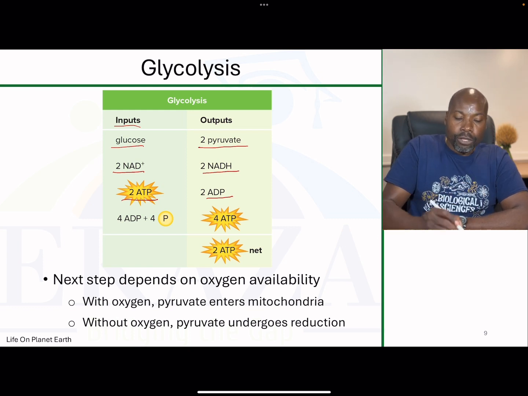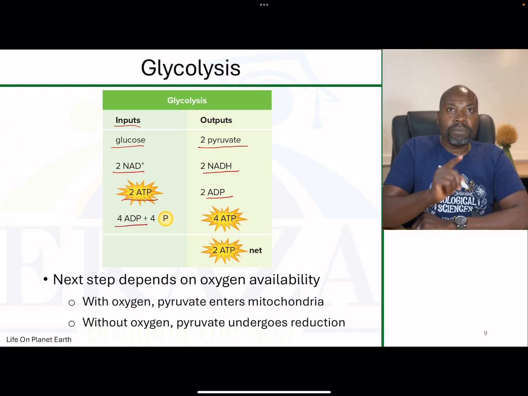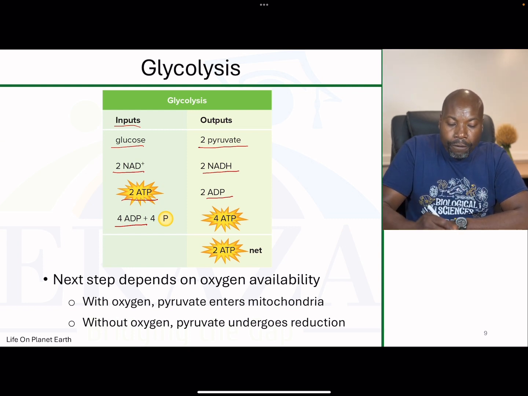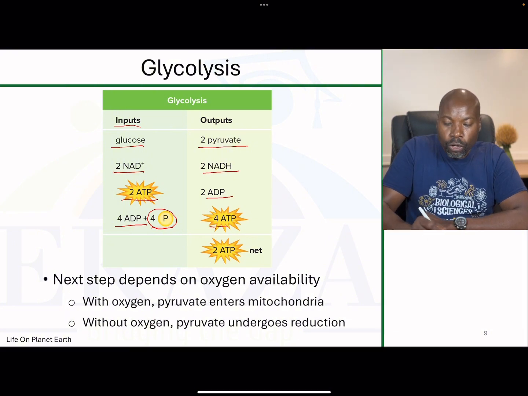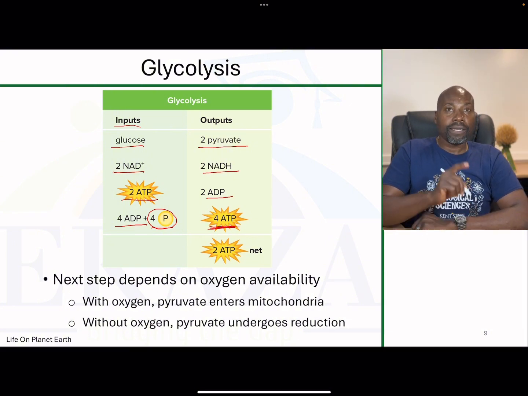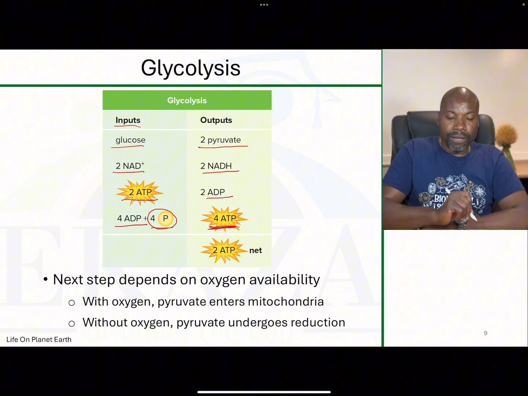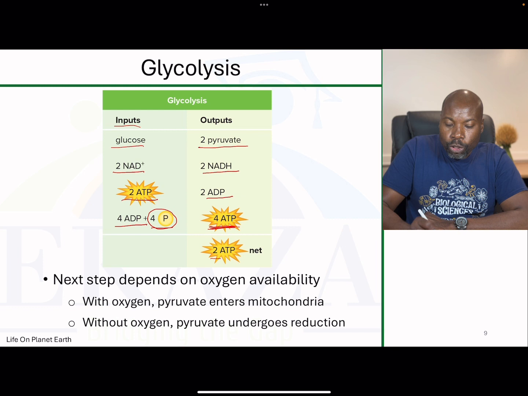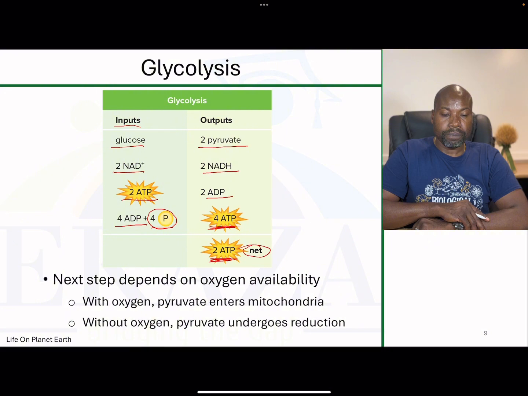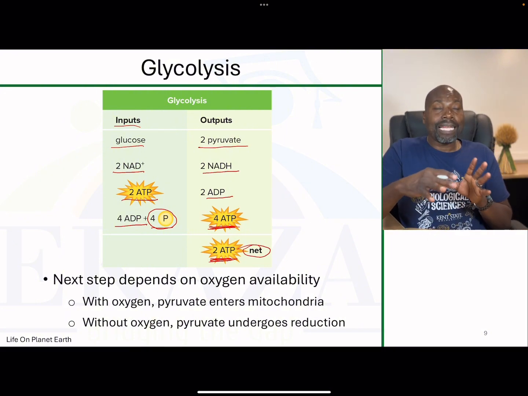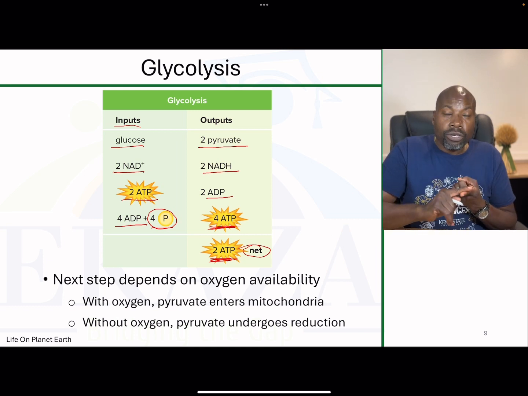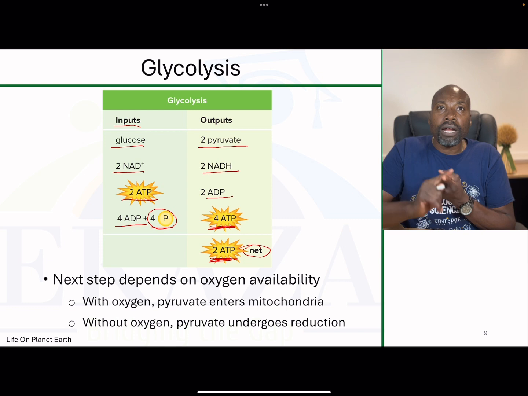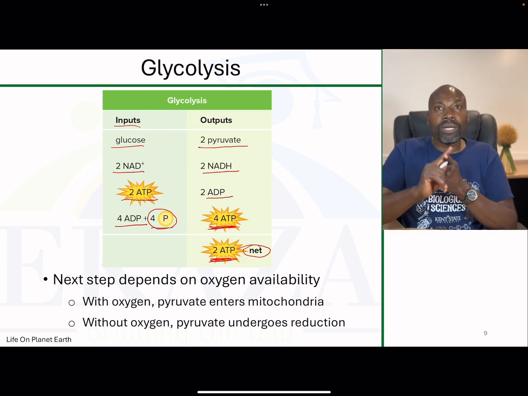And finally, you have 4 ADPs and 4 phosphate groups that are transferred to the ADPs to produce 4 ATPs. Now, the outcome in terms of energy is going to be 2 net ATPs as outcome. Okay? So please review the slide by asking yourself, what are the inputs of glycolysis and what are the outputs of glycolysis? I will test you on that.